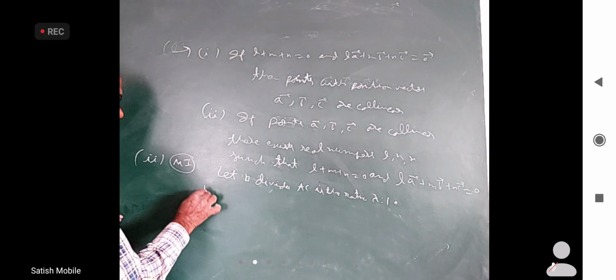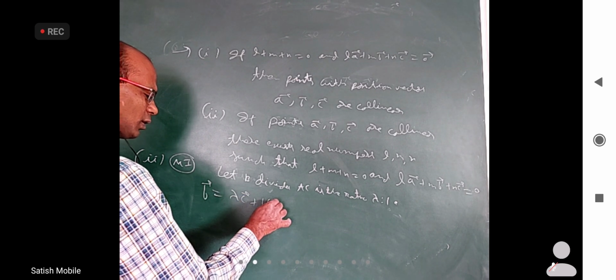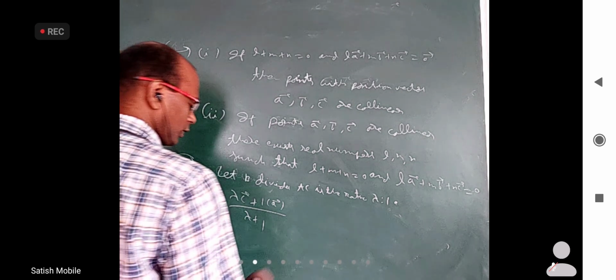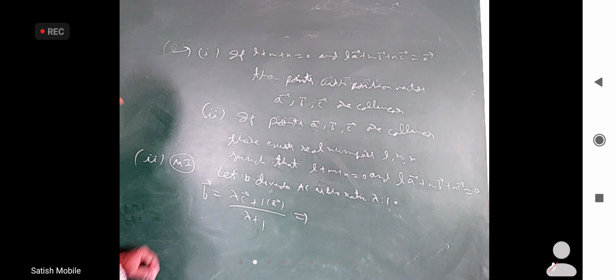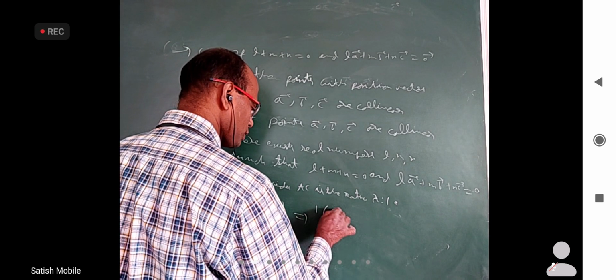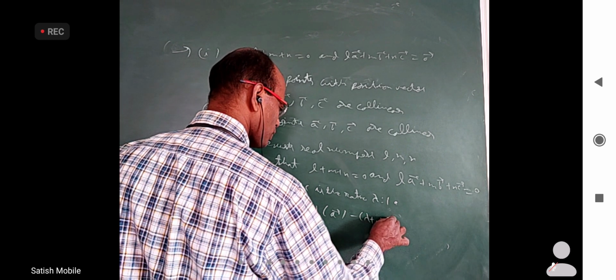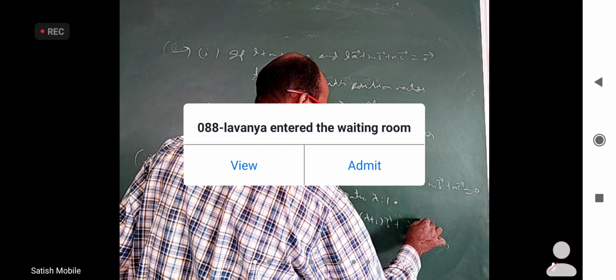Then I should be able to write based on the section formula B bar equal to lambda C bar plus 1 into A bar by lambda plus 1. Okay. Now bring this lambda plus 1 here and send to the other side. What will come? 1 into A bar minus of lambda plus 1 into B bar plus lambda C bar equal to 0.